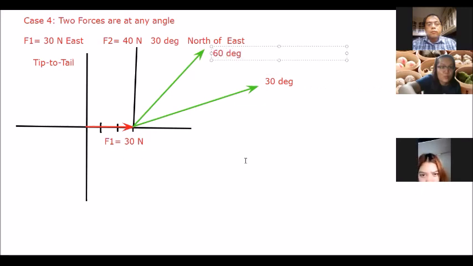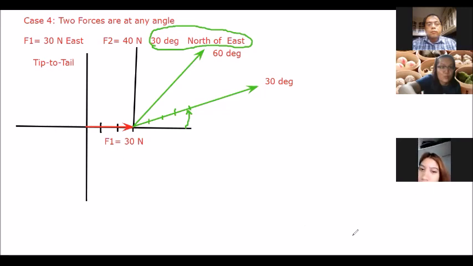So where will we draw our 30 degrees north of east? Which line will we draw? This direction is the one that is indicating the 30 degrees north of east. So we mark here 1, 2, 3, 4, and we draw our line.